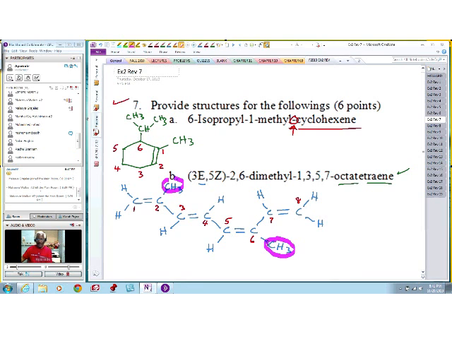That completes the structure we are supposed to give. Of course, tetraene means that you have double bonds in positions 1, 3, 5, and 7. Now, if that is clear to you, give me a happy face.